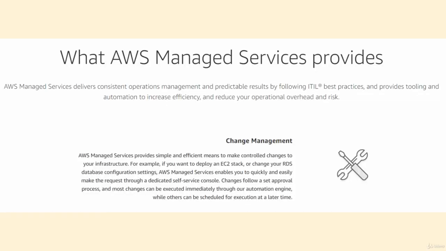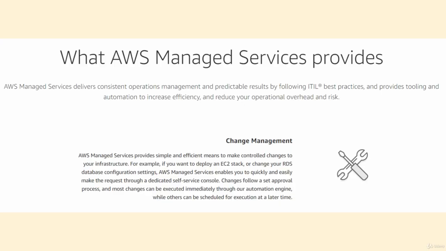So there are different kinds of managed services providers. You could deliver consistent operation management with predictable results, followed by different best practices, and providing tools for automations and increase your efficiency. There could be change management.